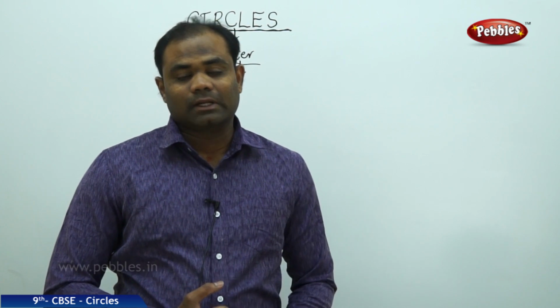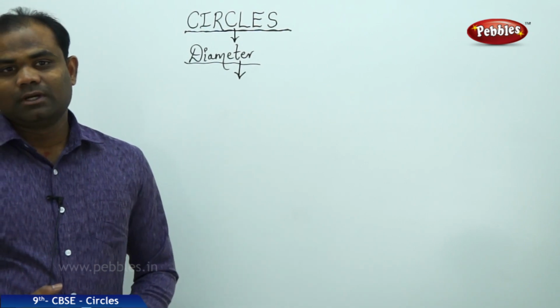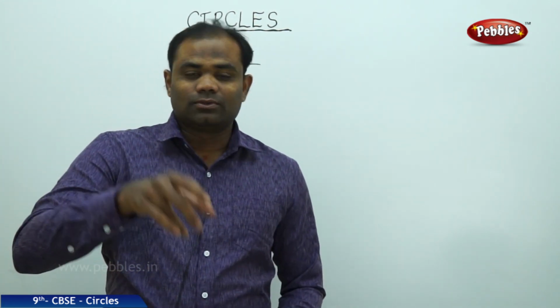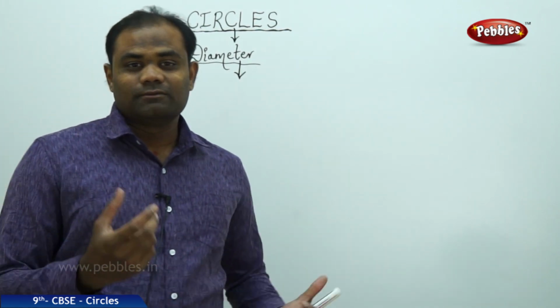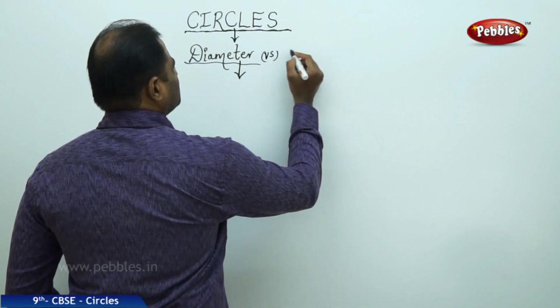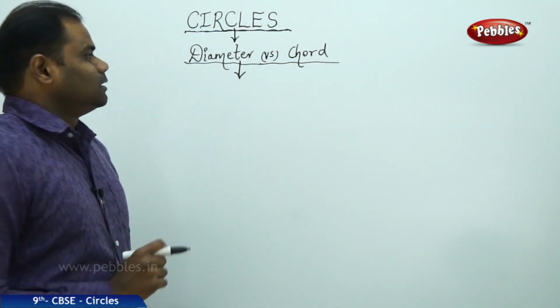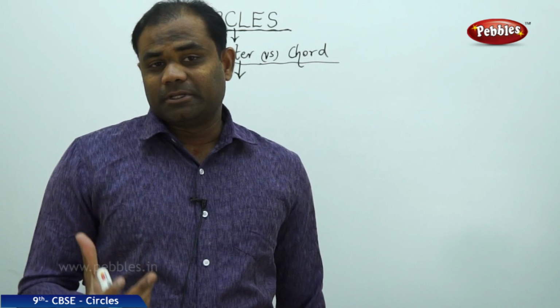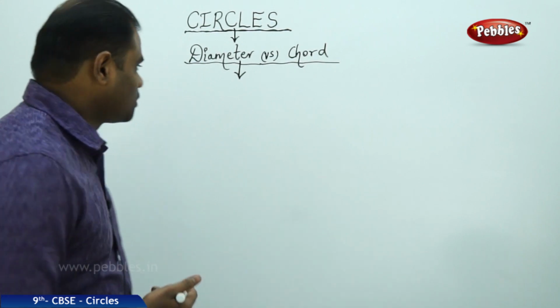Now that we have defined a diameter connected with the circle, now comes the concept of how we connect a diameter with the chord. How do we understand diameter through the chord definition as we have taken in the previous session? So this session is about connecting diameter with the chord of the circle. Diameter versus chord. In order to understand diameter in terms of the chord, let's revisit the chord definition.